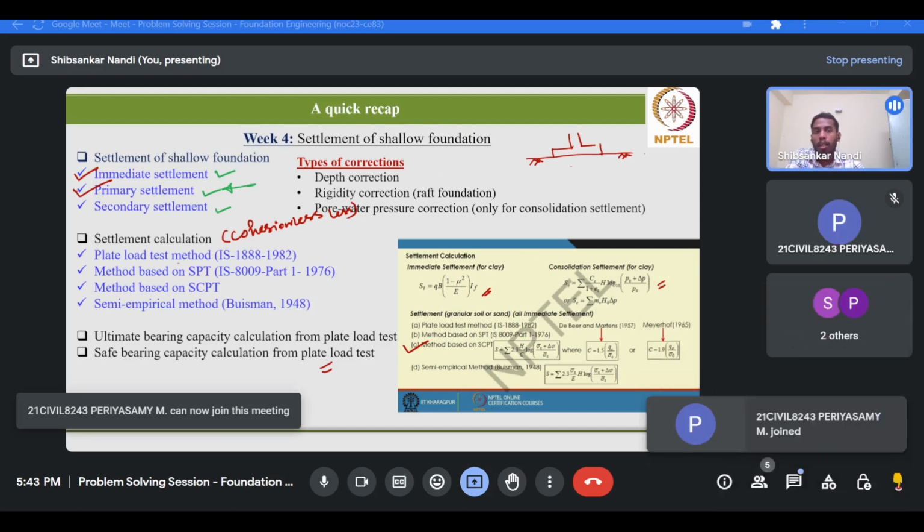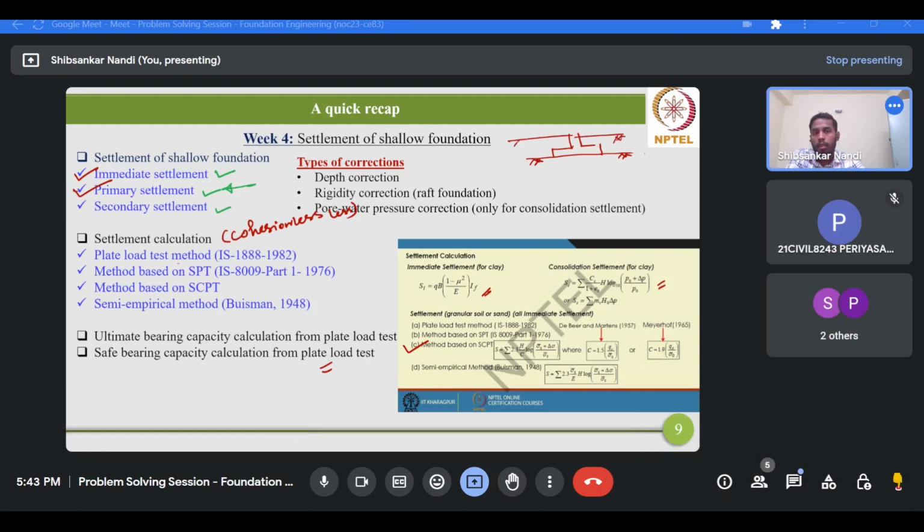However, in the actual scenario, there is some embedment, because rarely is the footing placed on the surface of the soil mass, as it is the more vulnerable condition. To get better benefit, the foundation is always preferred to have a depth of foundation of 1 meter, 1.5 meter, 2 meter, as we have seen in the previous problems. Therefore, you have to incorporate this depth correction factor for both these settlements, immediate and primary.